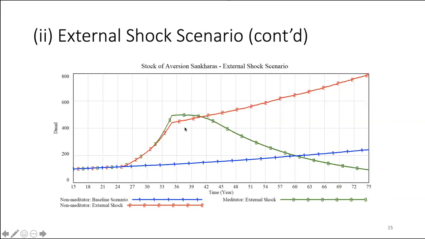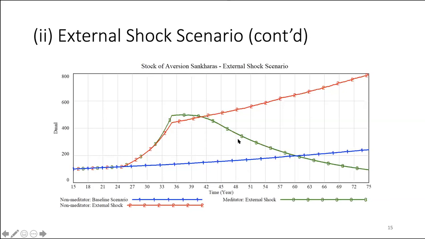So the green curve shows what would happen assuming the person starts practicing meditation, perhaps under stress from these stressful times, let's say around the age of 30, for example. Now, over time, if they manage to build these traits of awareness and equanimity, then they can start to liberate themselves from these sources of misery.